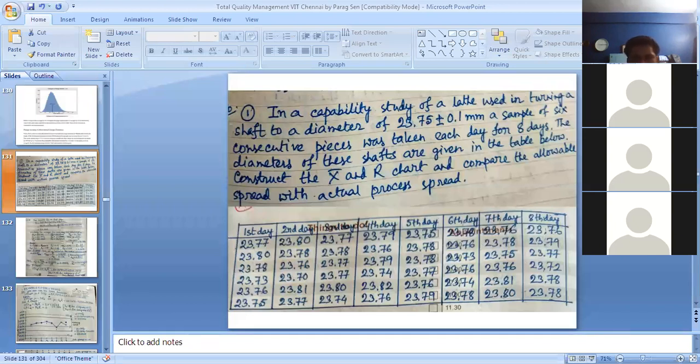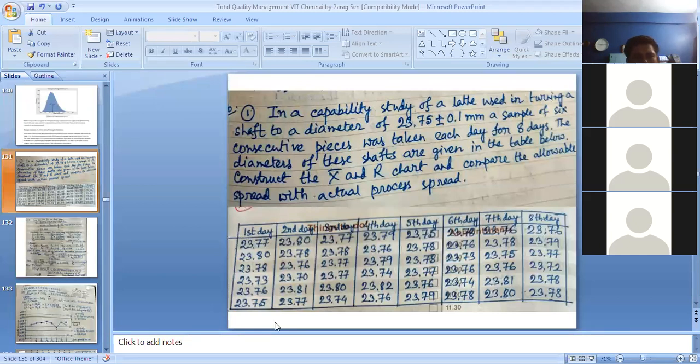How many lathe machines did you use? Only one lathe, for 8 consecutive days, and each day you machined 6 diameters.